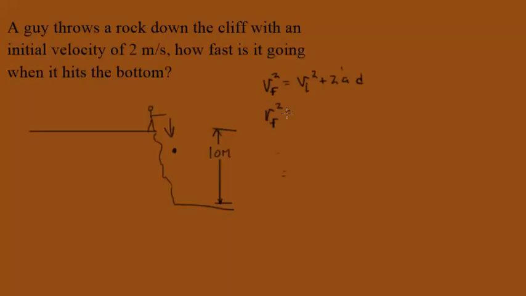So our final velocity is the unknown. Our initial velocity is a negative 2 meters per second if we define down in the negative direction. Acceleration is also in the negative direction. And here, displacement is again in the negative direction, negative 10 meters, if we define the base of the cliff as 0 and positive in the x direction.